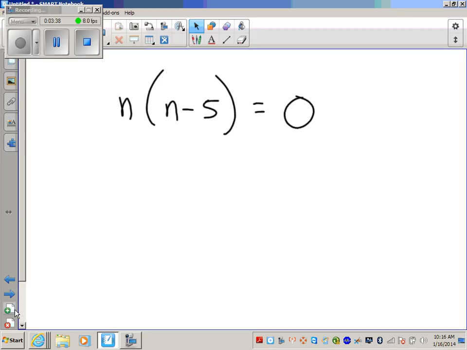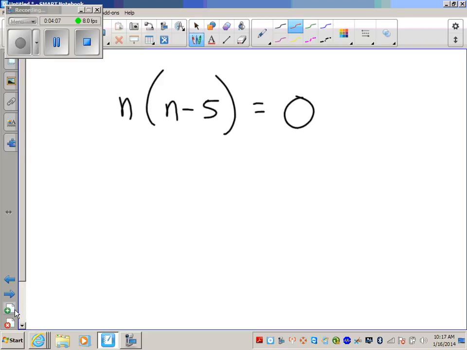Now, what do you know about a multiplication problem equaling 0 that we have up here? Mark. How many factors have to be 0 for our product to equal 0? Only 1 has to be 0 for it to equal 0.